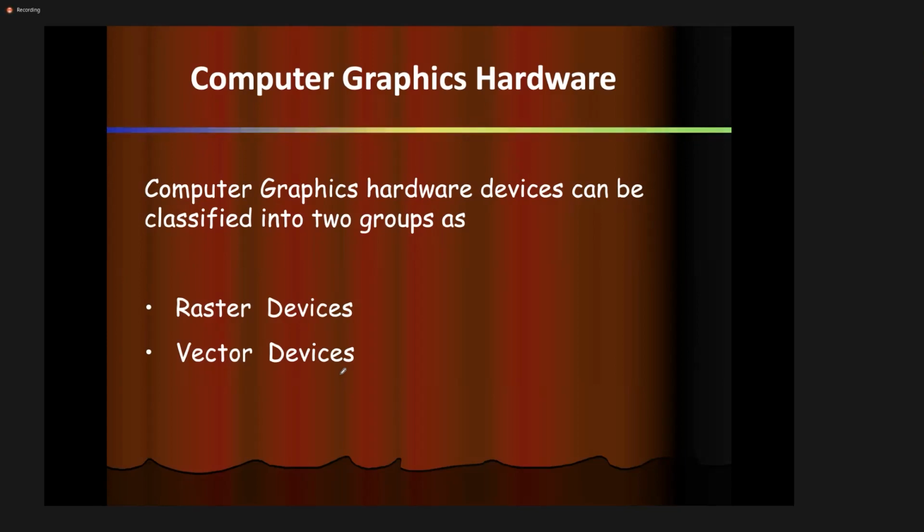That also someone can argue. I am not going into that category of arguments now. What I'm going to do is describe the main features of these raster devices and vector devices.